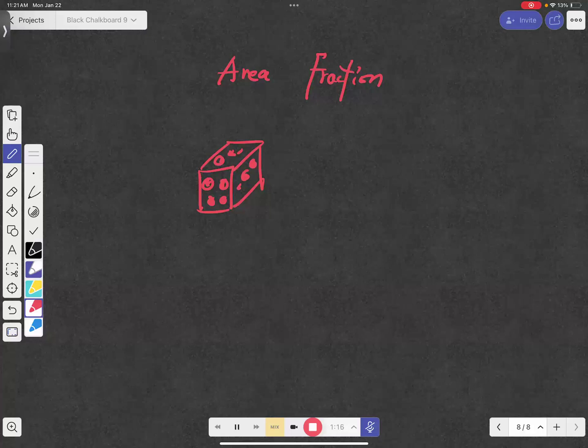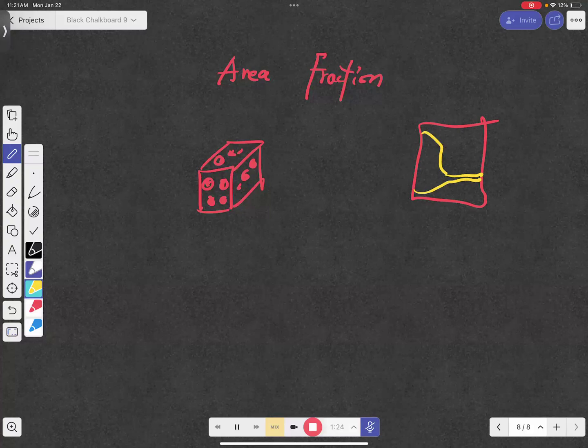What you say is absolutely right. Consider a 2D material with voids that looks like this. This area would have a very high area fraction of air, and this one will be very low.